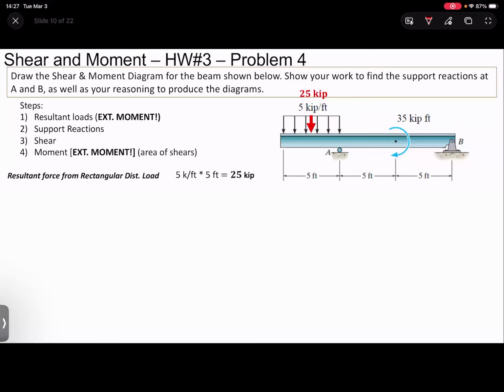Just out of curiosity, let's just say this was a triangular distributed load. Let's say for some reason I was super angry when making the exam. This is a triangular distributed load with a distance base. We know how to find the resultant point force, right?